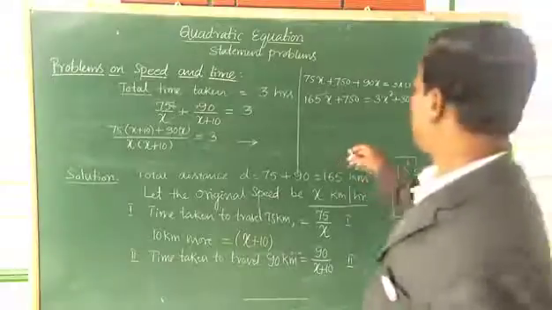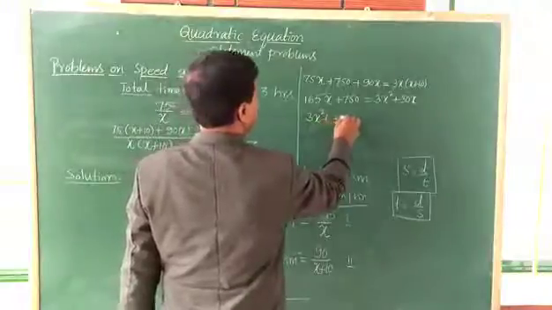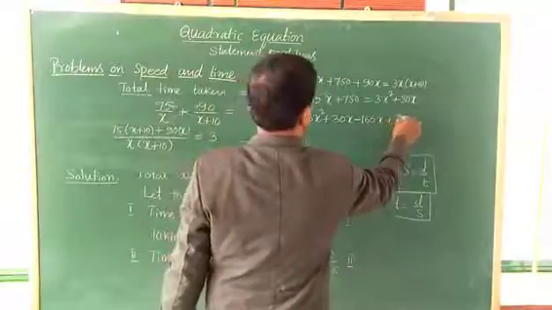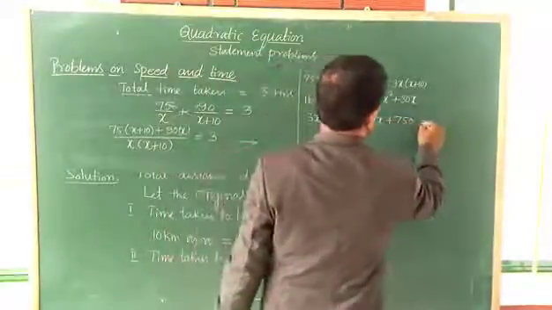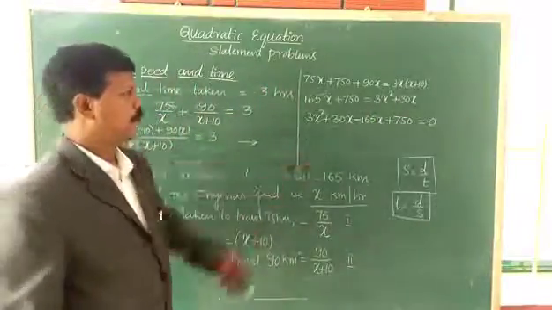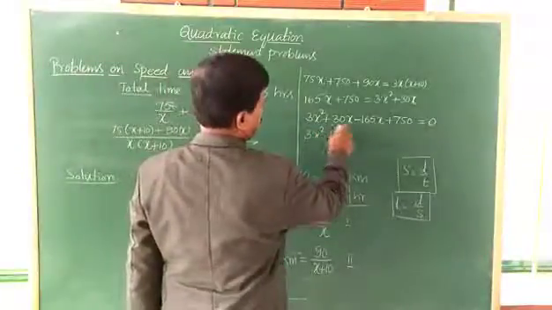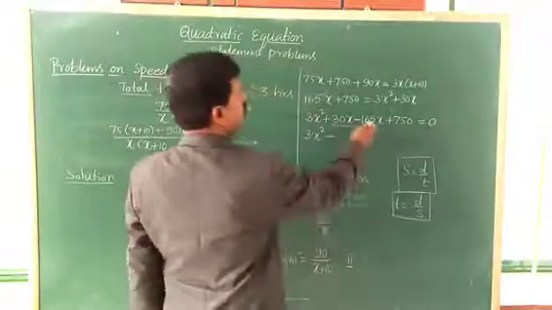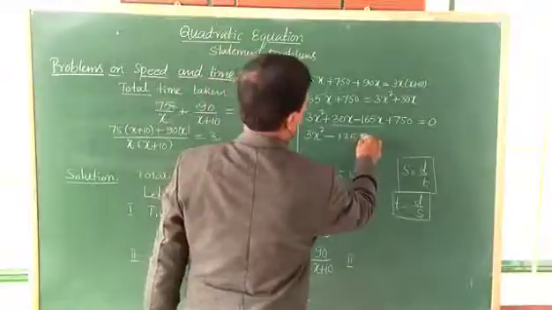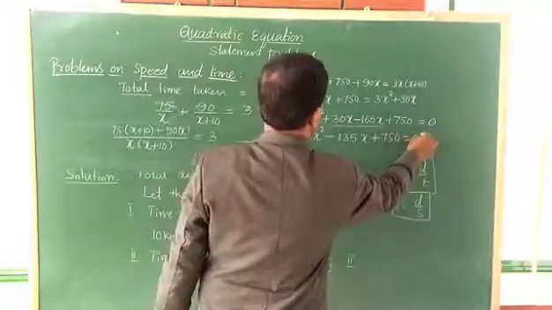Now the equation form is 3x square plus 30x minus 165x plus 750 is equal to 0. Yeah. Now here is 3x square, minus 165 plus 30 is 135, x plus 750 equals 0.